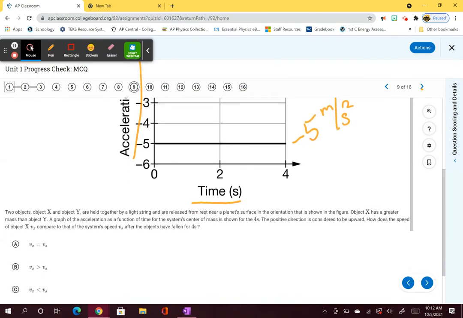Two objects, object X and object Y, are held together by a light string and are released from rest near a planet's surface in the orientation as shown in the figure.